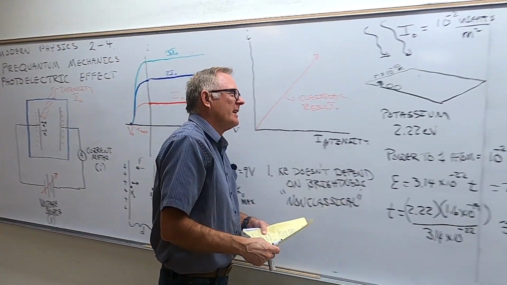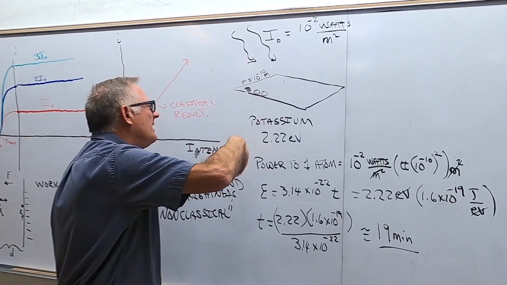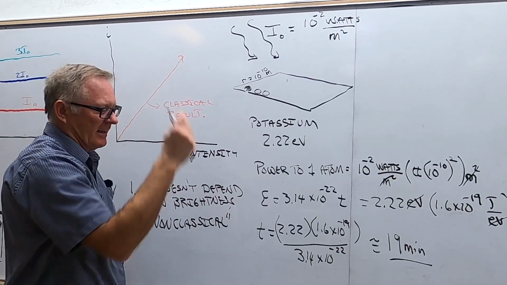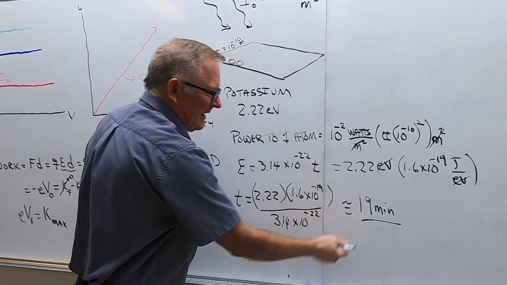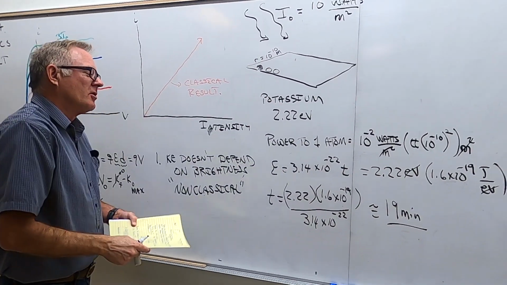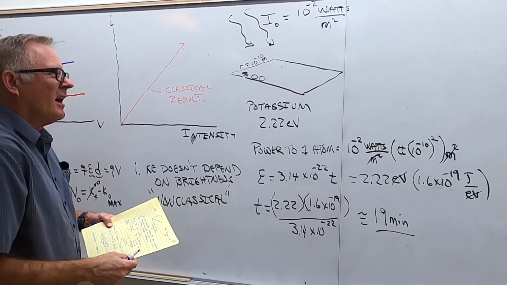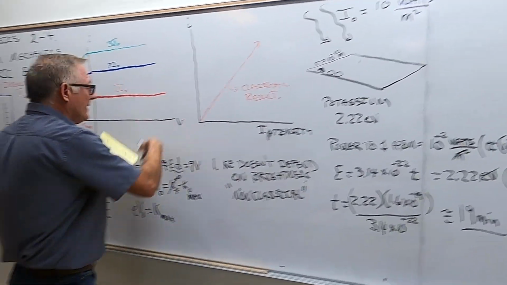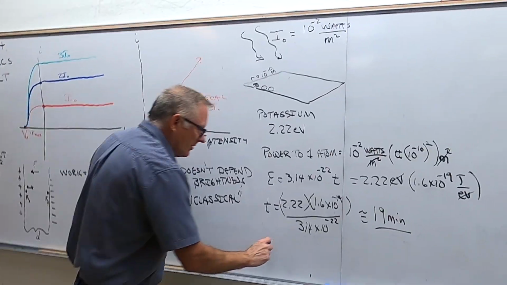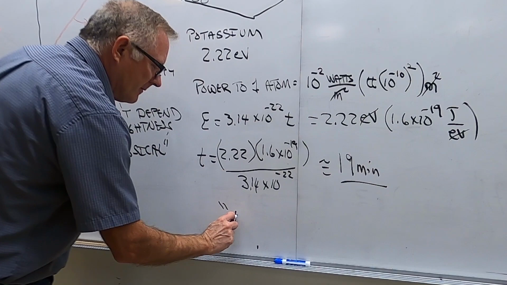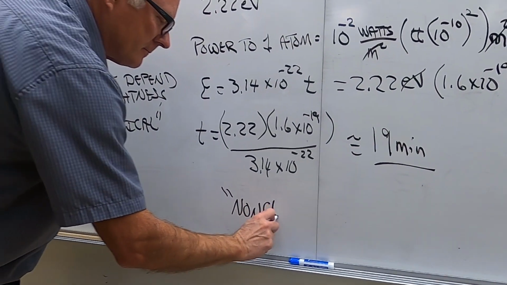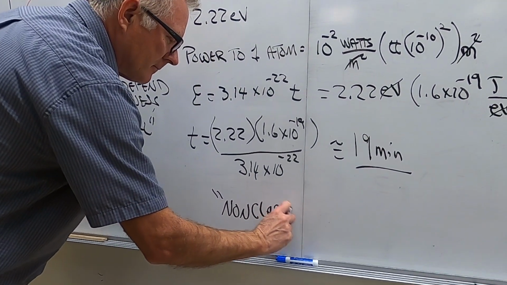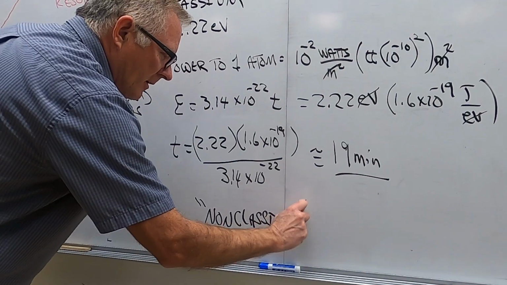Well, in reality, electrons pop off instantaneously, in nanoseconds. It doesn't take them 19 minutes to pop off. So this is definitely non-classical, the time it takes for them to come off. It's kind of strange.